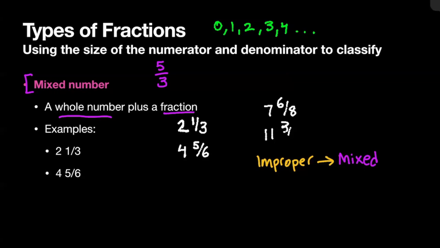So where do we get our whole number from? The way that we find the whole number for the mixed number is we see how many times the denominator goes into the numerator.